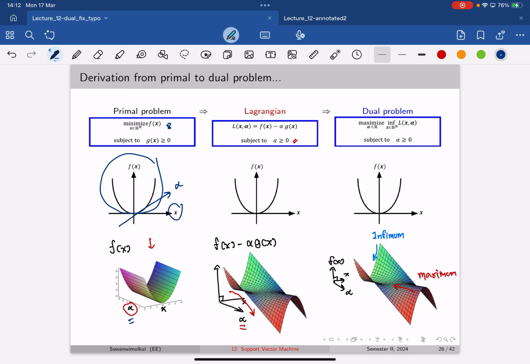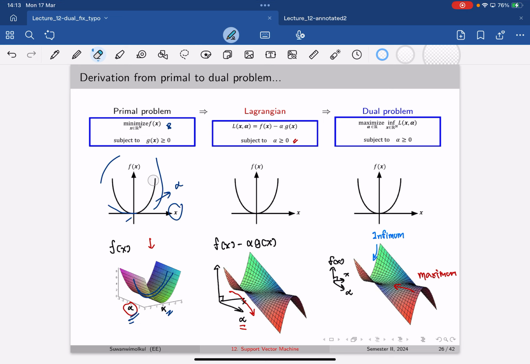That surface does nothing with alpha. It has a constant value across different alpha because it's not a function of alpha. But if you change x, that is the only time the value of f(x) would change, because it varies across the x dimension. So this is the first observation.